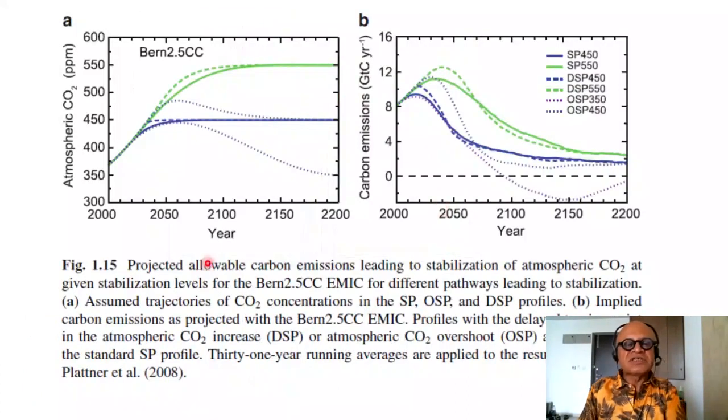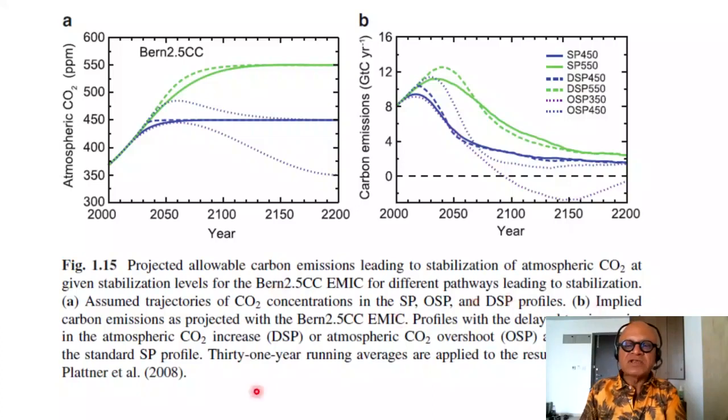So here is another example: projected allowable carbon emissions leading to stabilization of atmospheric CO2 at given stabilization levels for Bern 2.5CC EMIC, Earth system model of intermediate complexity, which is from Switzerland, I think. Tom Stocker is part of this, I suspect.